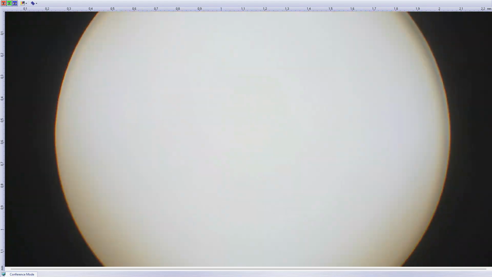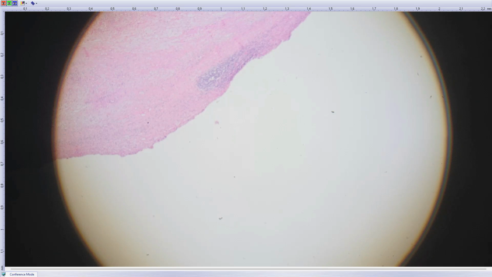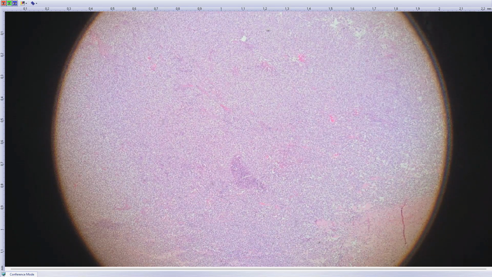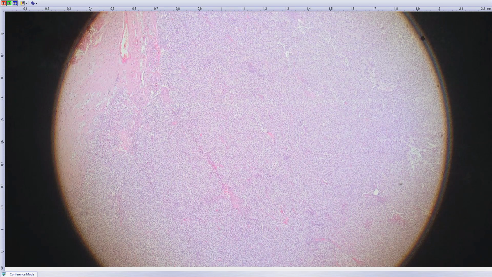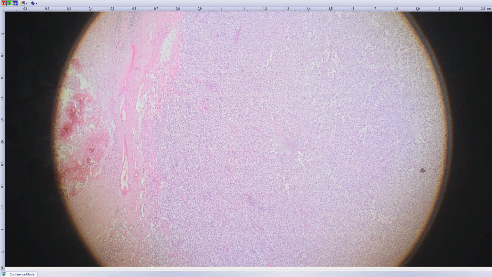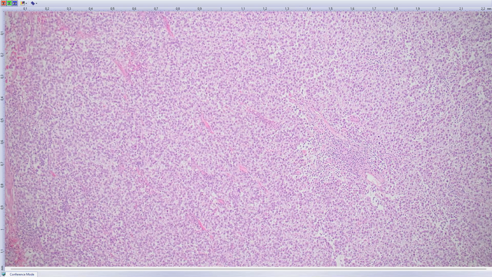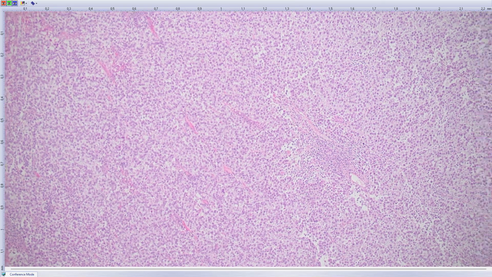This is another case. It's a second opinion. 43-year-old male with a tumor of testicle, and already in this very low magnification, you can see the solid tumorous proliferation.